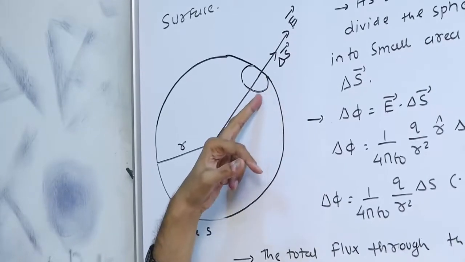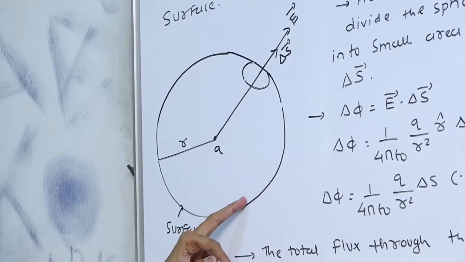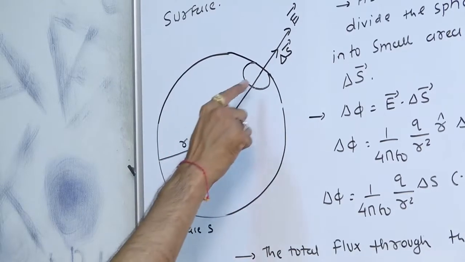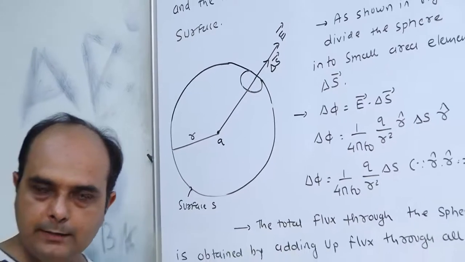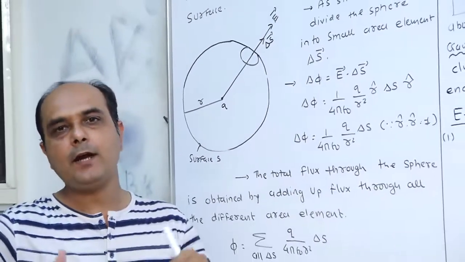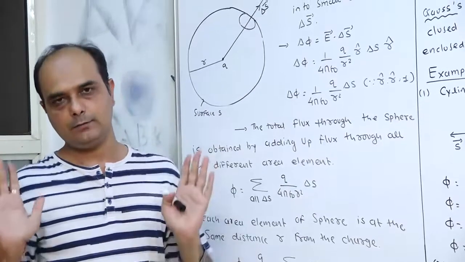We can draw the next area element, another area element, a third one, a fourth one. Then calculate the flux linked with each area element, then add them up, and finally we can calculate the total flux linked with our sphere.